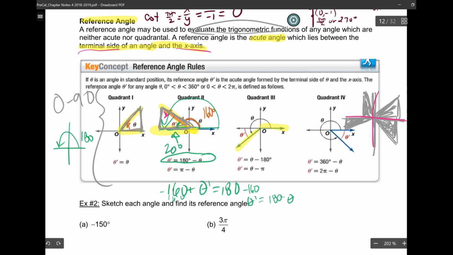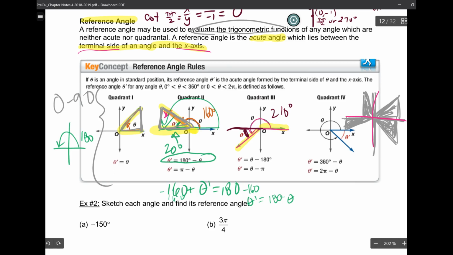Okay, so for quadrant 3, here's your initial, here's your terminal, your angle goes all the way over, except this is over 90 degrees. This is actually a 210 degree angle. So in order to find the trig functions of this 210 degrees, we're going to use this reference angle right here.